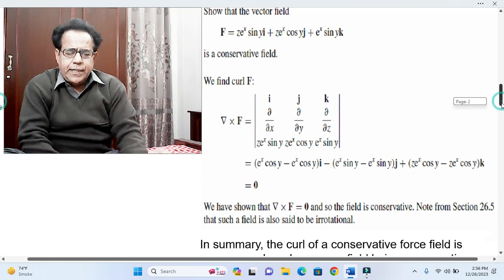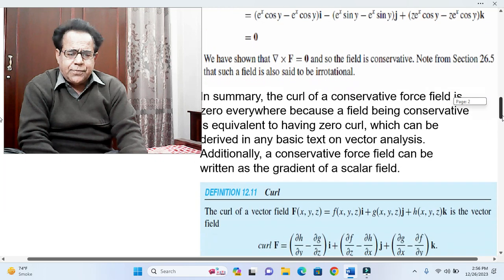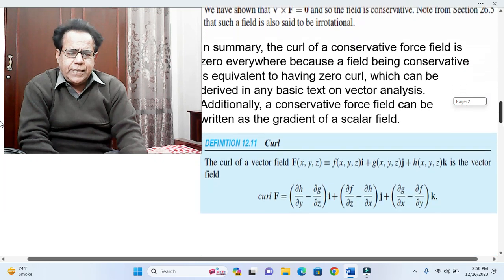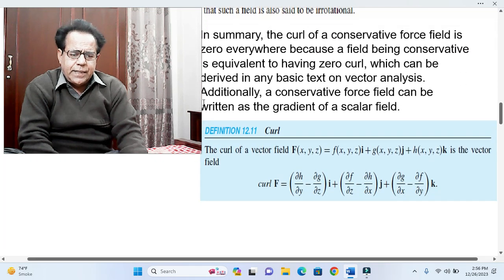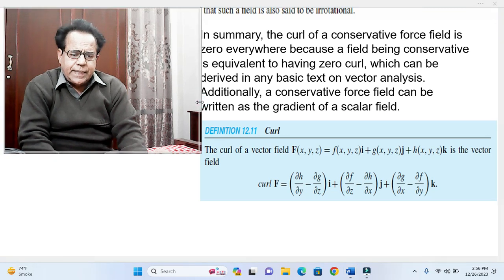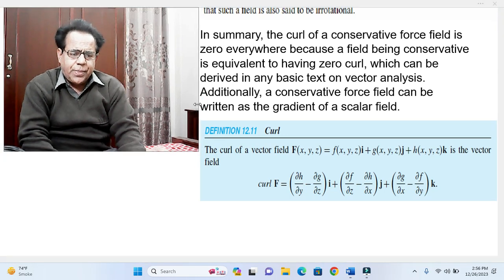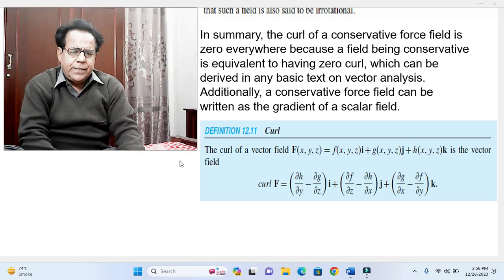It means that in order for a field to be treated as conservative, its curl must be 0.